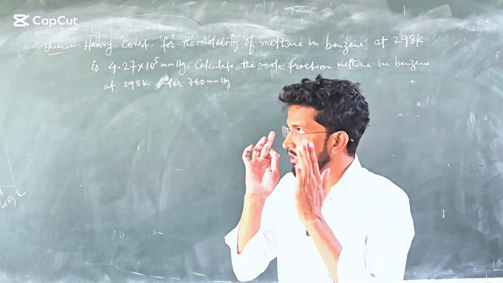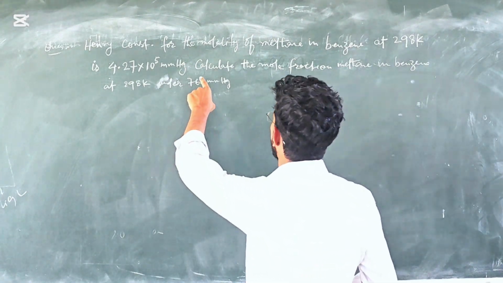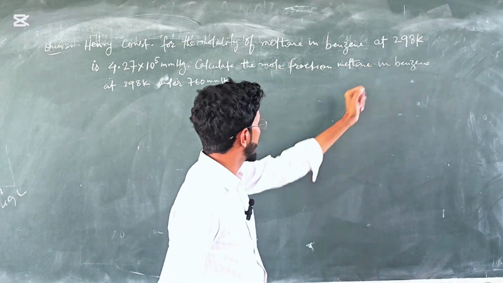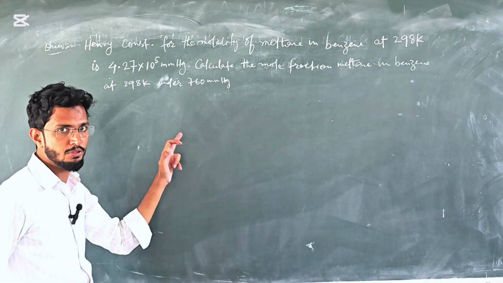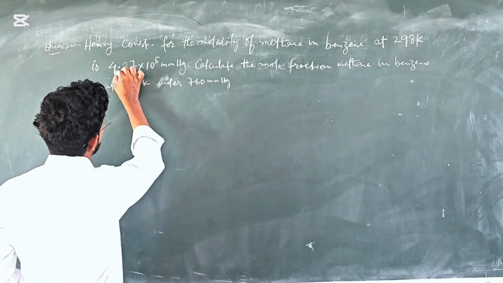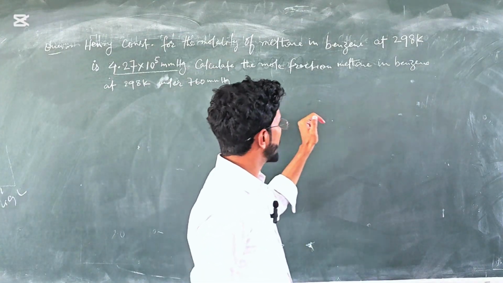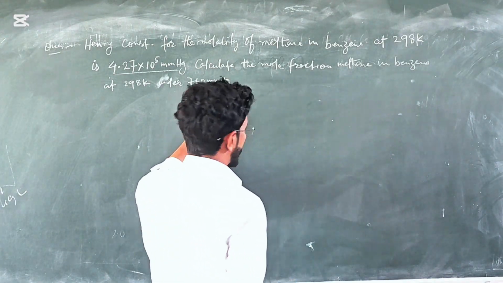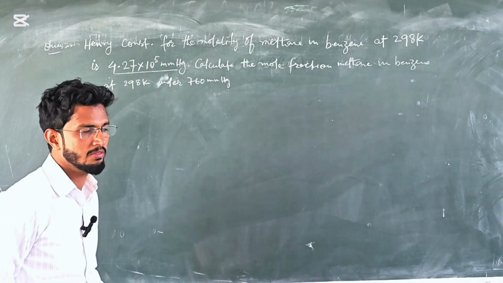Now the next question. It is given that the Henry constant for the molality of methane in benzene at 298 Kelvin is 4.27 into 10 to the power 5 mmHg. Calculate the mole fraction of methane in benzene at 298 Kelvin under 760 mmHg. Now how can we calculate?